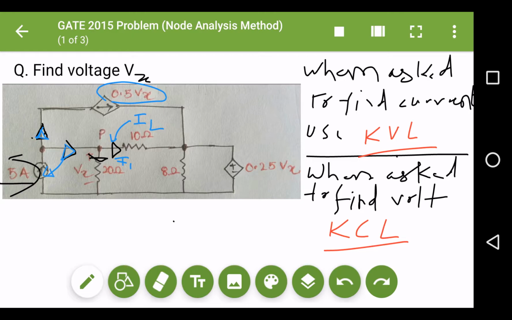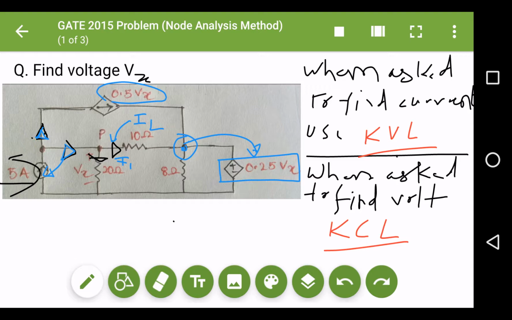Next thing we need to know is, what is the voltage at this point? You can see the 8 ohm resistance is parallel with a voltage source of 0.25 Vx. So the voltage at this point is nothing but 0.25 Vx.